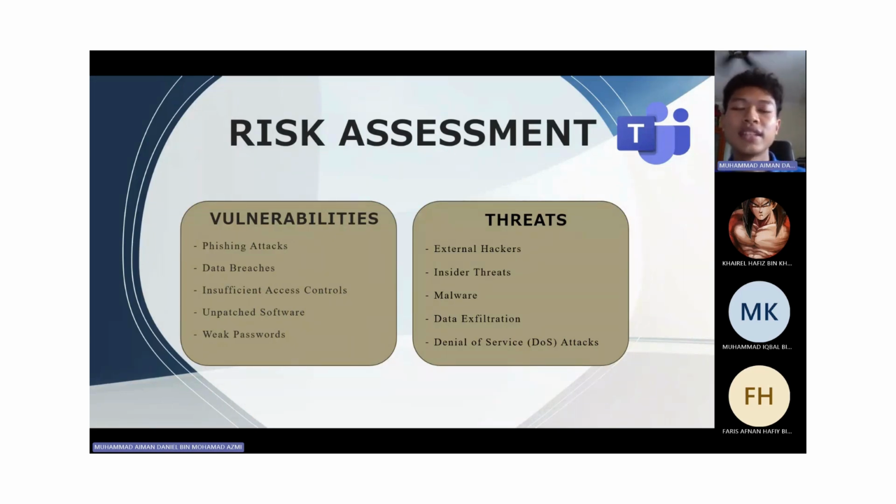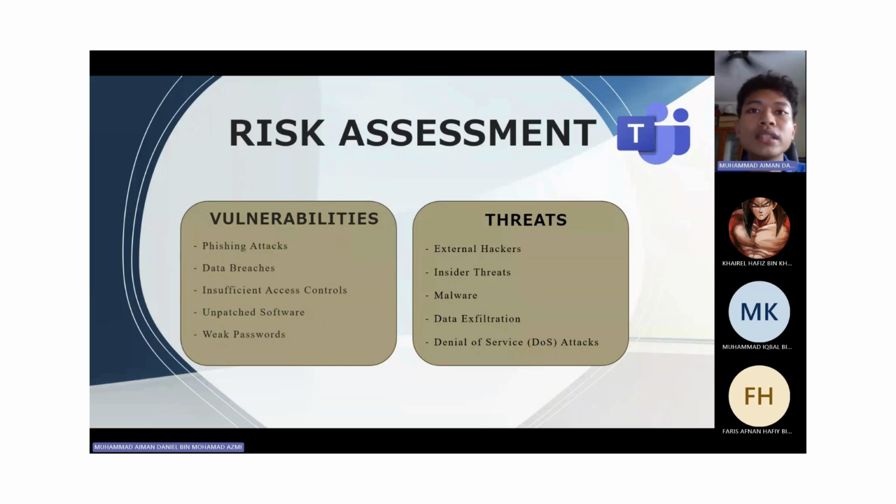The first one is external hackers. External hackers usually attempt to gain unauthorized access to sensitive communication and data. These are cyber criminals attempting to gain unauthorized access to the Office 365 platform to steal sensitive data or disrupt operations of your company. Their methods include phishing, exploiting software vulnerabilities, and brute force attacks.